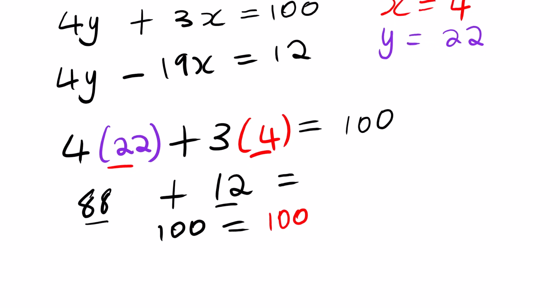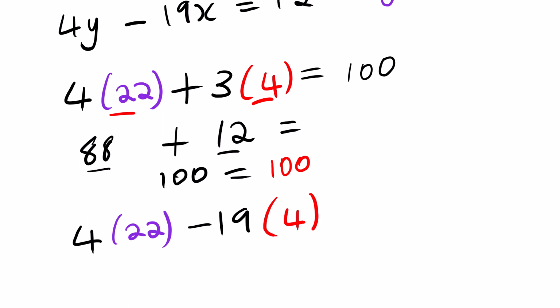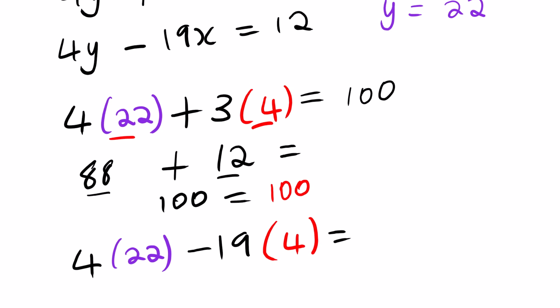We can use the second equation. For we know that y is 22, minus 19x is 4, and then the answer should give us 12.